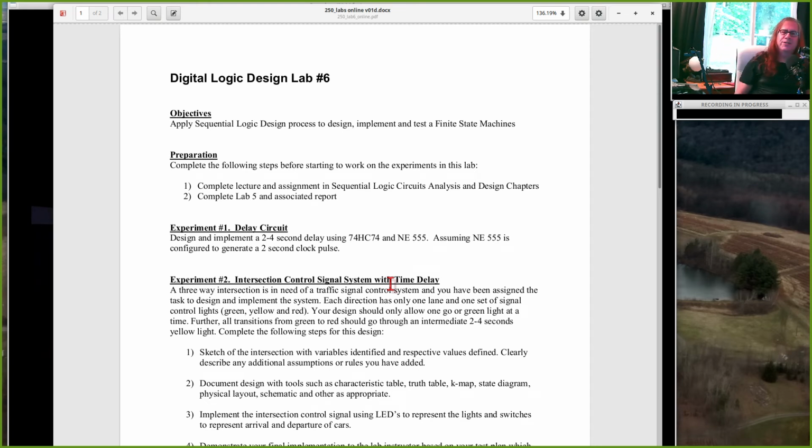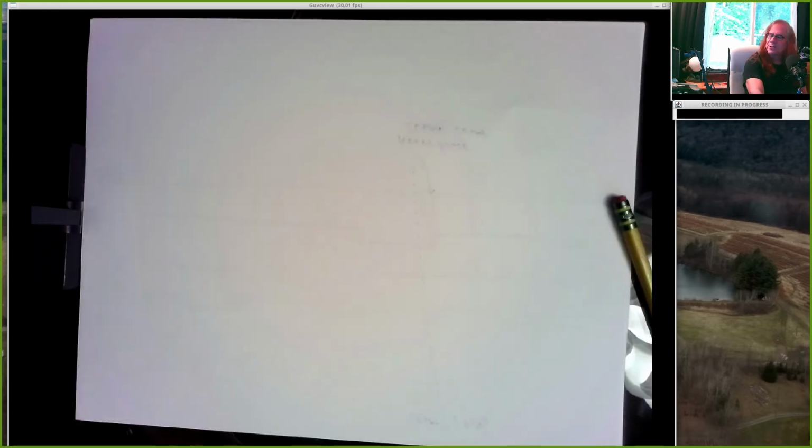And, with the expected behavior, when you move from a green light to a red light, you go through this intermediate yellow stage where your light is yellow for a few seconds before going red. So that, if a car is halfway through an intersection, the other lane doesn't suddenly turn green on them. So this will be a more realistic traffic light. But the building block for it is this delay circuit.